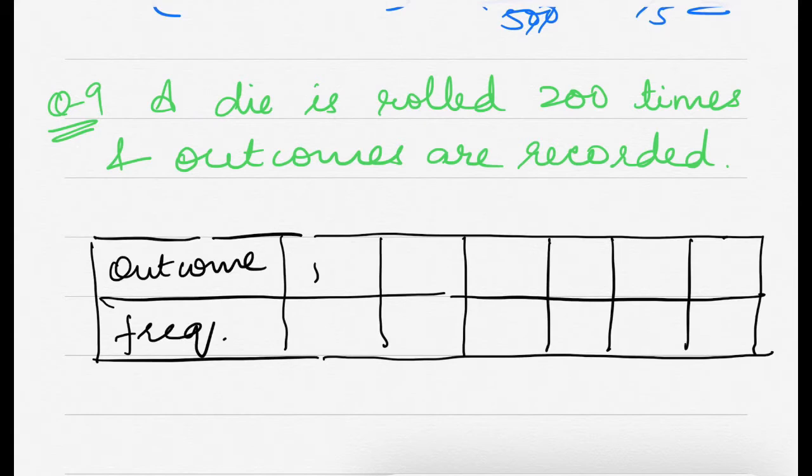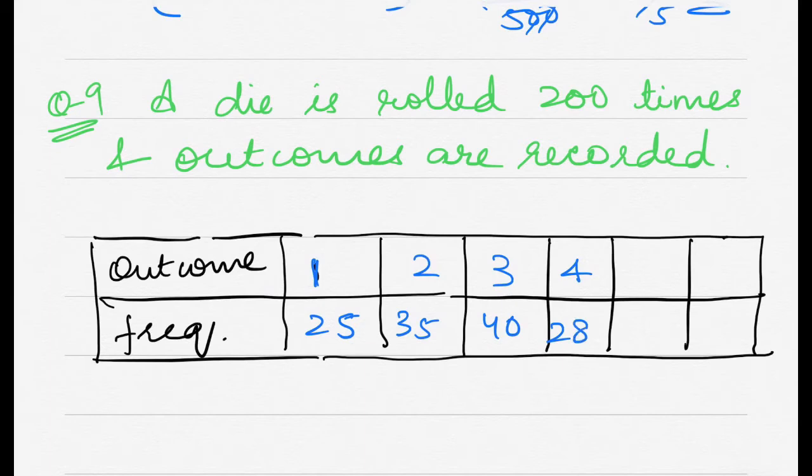They are given as: 1 is 25, 2 is 35, 3 is 40, 4 is 28, 5 is 42, and 6 is 30.